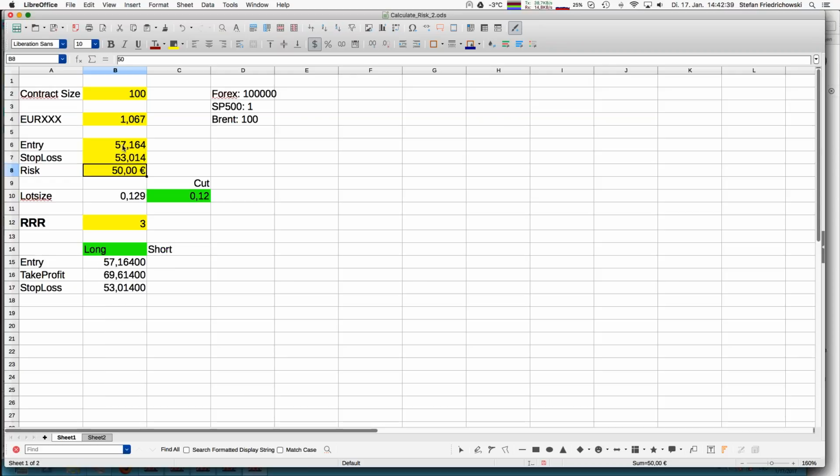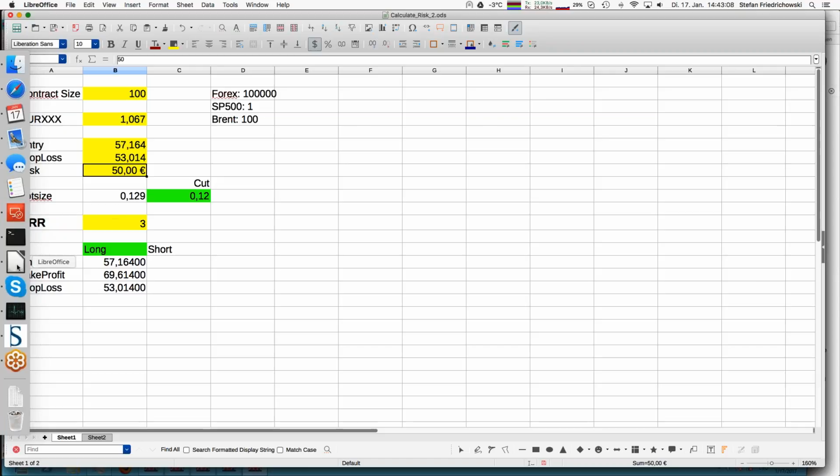And we see already the lot size for a risk of 50 euros, and we can write down our take profit value, which would be 69614 at a risk reward ratio of 3.